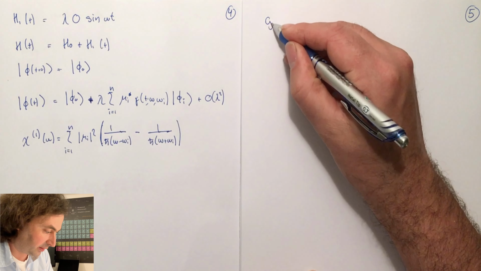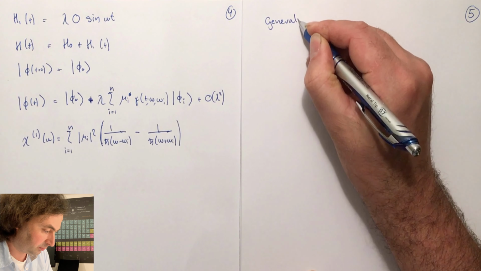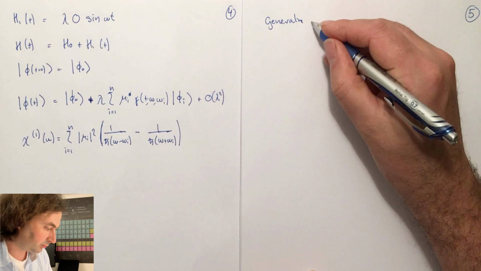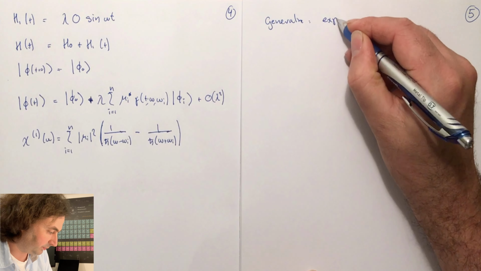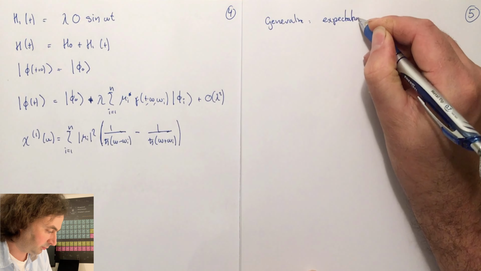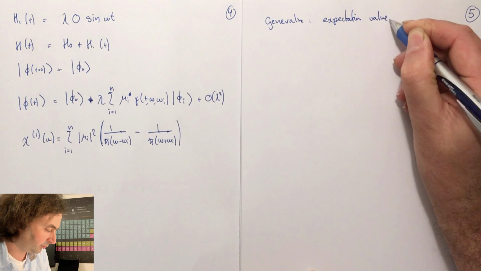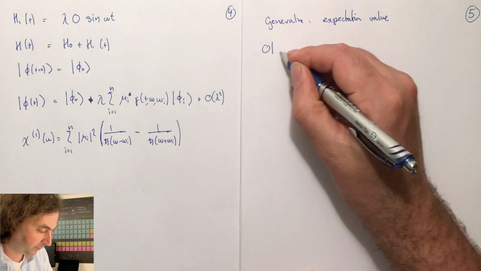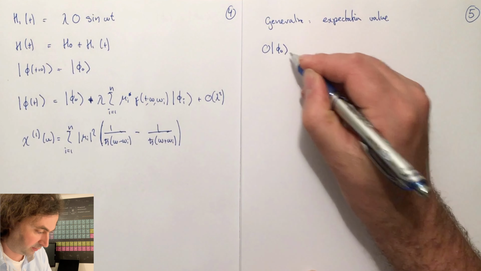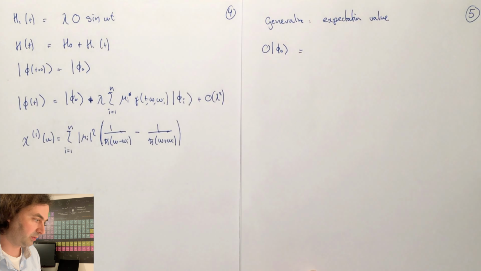Now let's generalize this. And we can write the susceptibility as an expectation value. And that has several advantages, which we will show you once we have the expectation value.